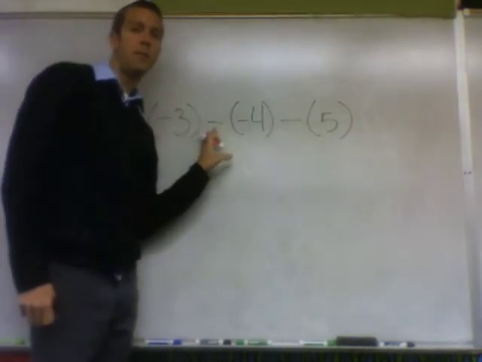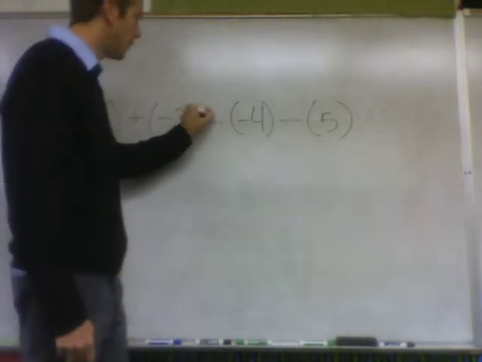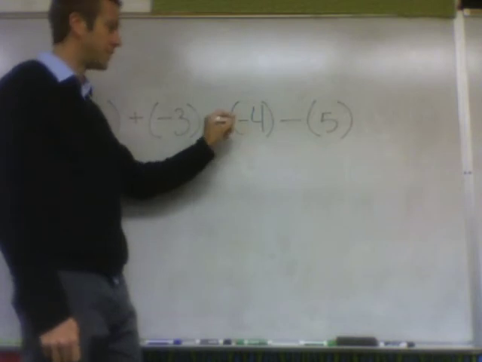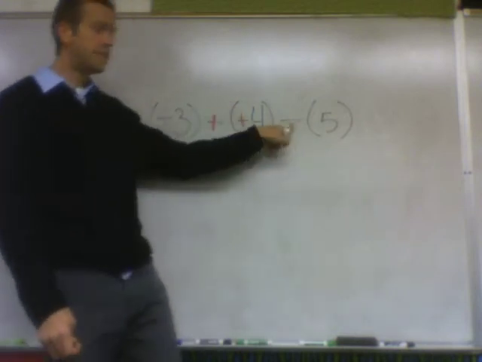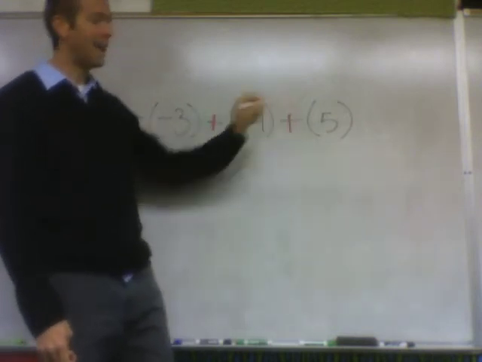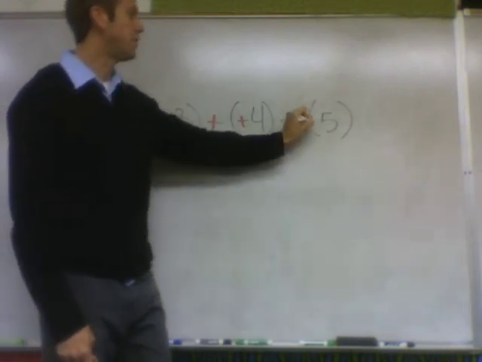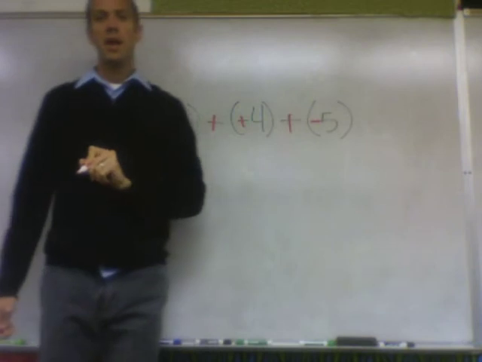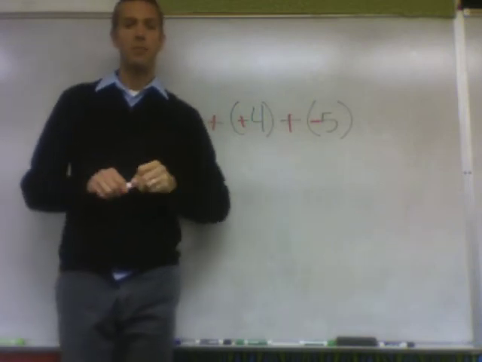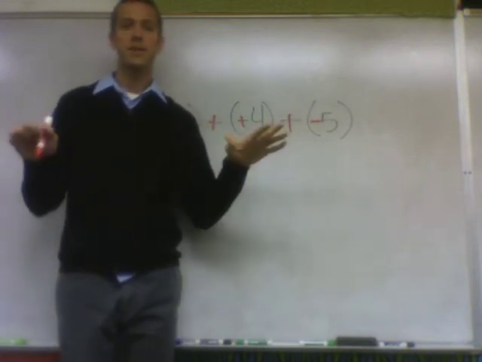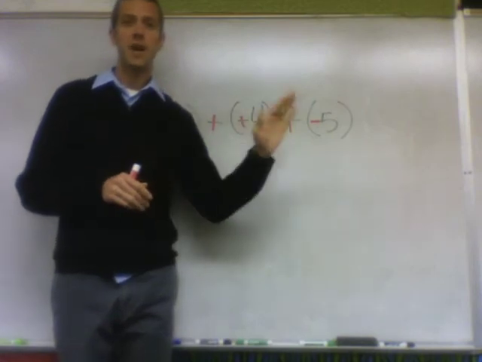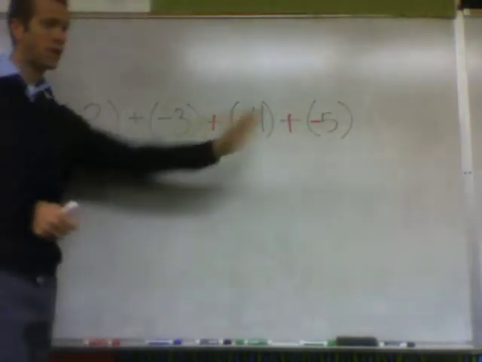This sign should be changed to an addition sign, making this number a positive. This sign should be changed to an addition sign, and the number after it should be changed to its opposite. And once you have a problem worked out just like that, you fixed all your signs, and if it's all adding and subtracting, you start to the left, you work your way to your right.